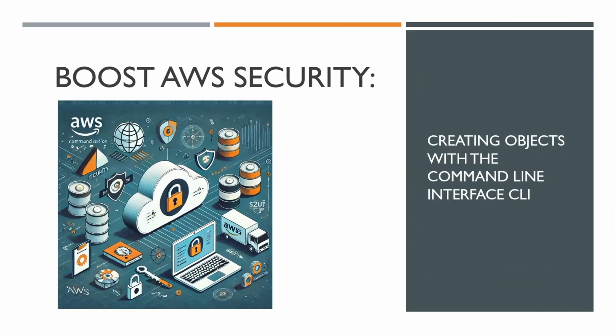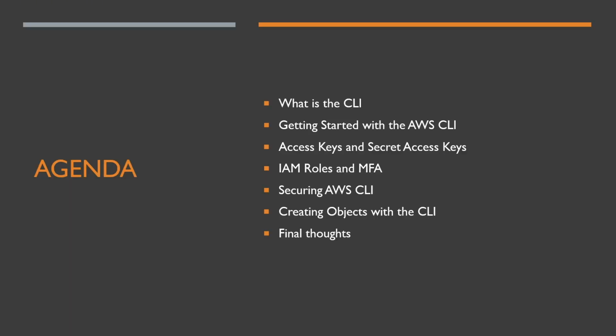So we're going to be looking at how we could create objects with the command line interface in AWS. We're going to see how to do that securely. So let's get started. We're going to be describing and discussing some of the things you see here. For example, we'll talk about the command line interface, what it is, how to get started with it.